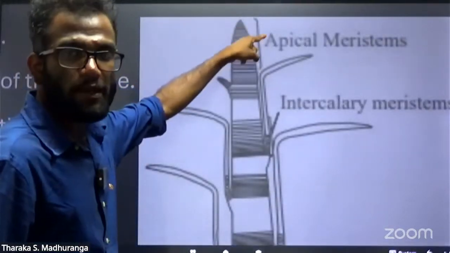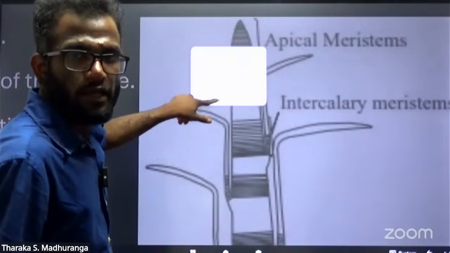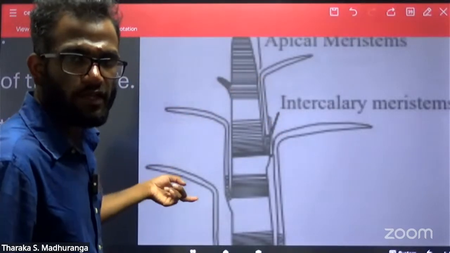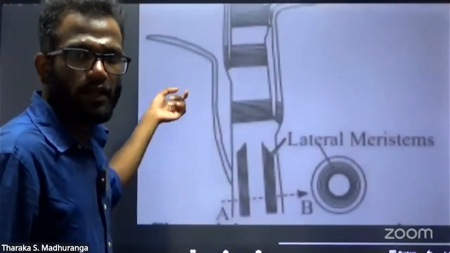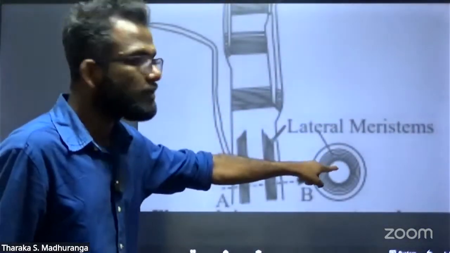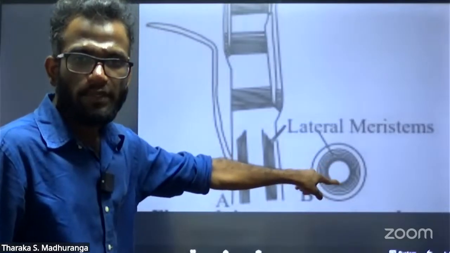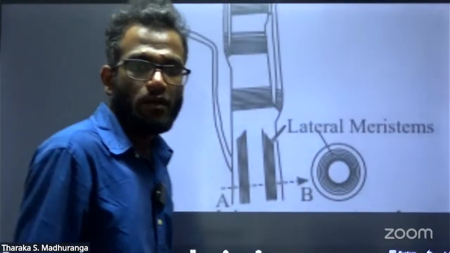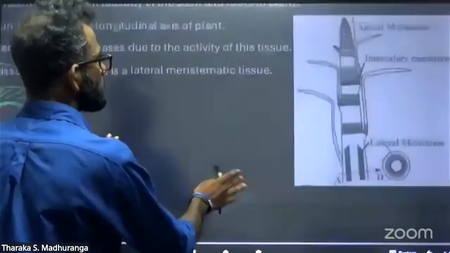They are shoot apex. Intercalary meristems are between two nodes and increase the length between two nodes. Lateral meristems are inside, the cambium. That means it increases the diameter of the plant, the diameter of any stem.